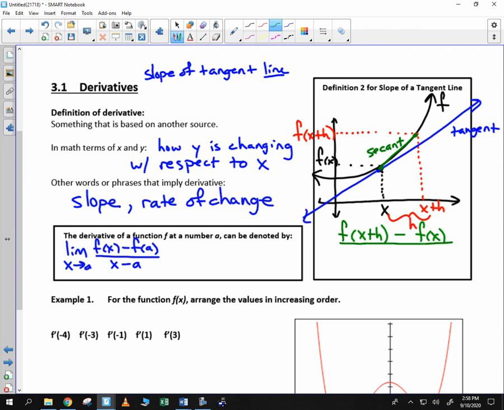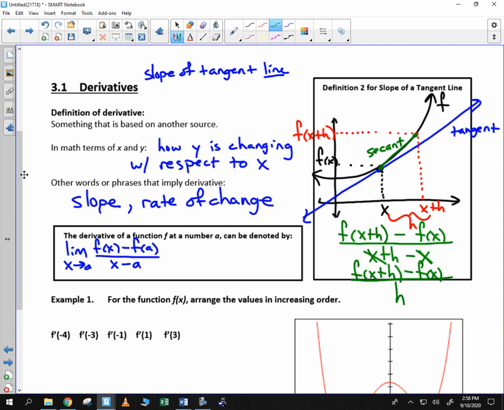And we would divide that by x sub 2, which is x plus h, minus x sub 1, which is x. And you can see that the x's cancel. So we get f of x plus h minus f of x all over h.